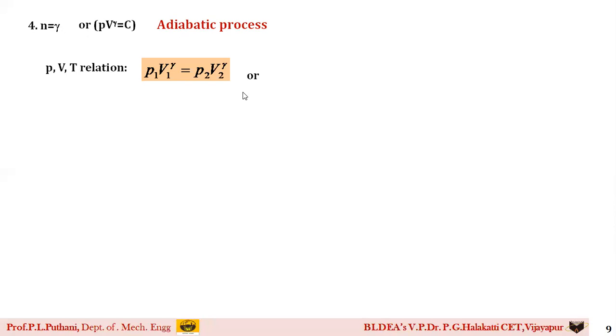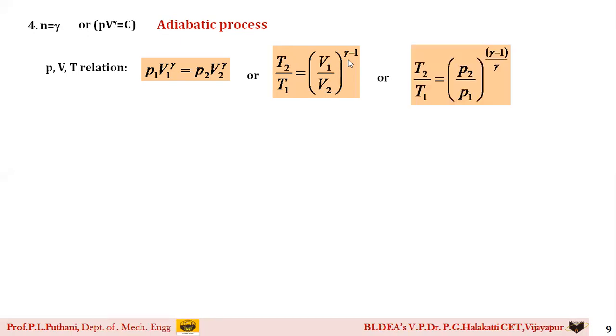With respect to temperature and volume, I can write T2 by T1 is equal to V1 by V2 raised to the power of gamma minus 1. Or with respect to temperature and pressure, I can write T2 by T1 is equal to P2 by P1 raised to the power of gamma minus 1 by gamma.